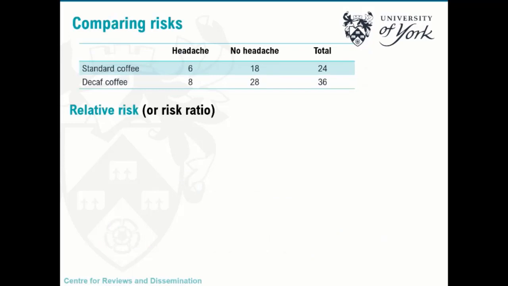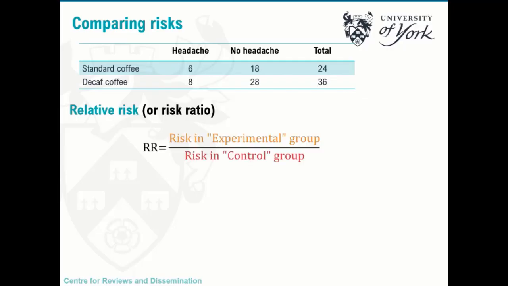We can compare the risks of two groups by calculating the relative risk or the risk ratio. The relative risk is the risk in the experimental group divided by the risk in the control group. For our example, decaf is the experimental group and standard coffee is the control group.